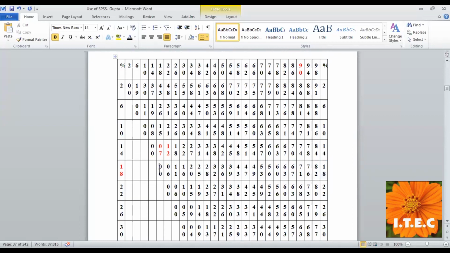this will be the 0, and the 20 will be here. And this is your 22.